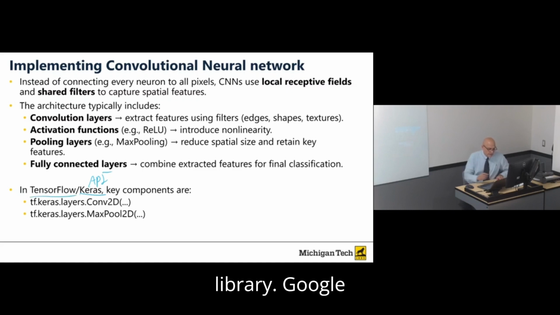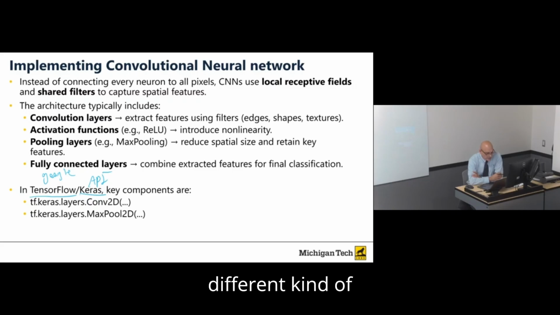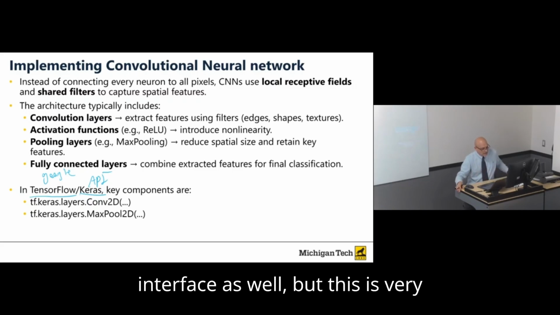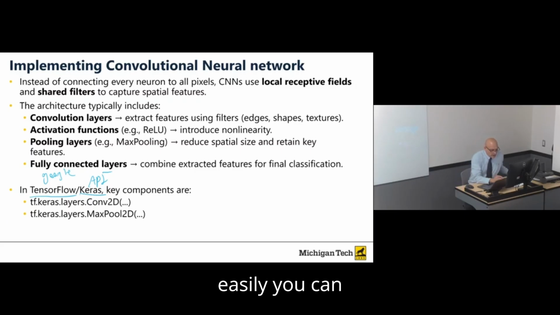TensorFlow is a library that Google made. And Keras is just an interface to use TensorFlow. We have different kinds of interfaces as well, but this is a very good one. It's very high level, so you can do it easily.